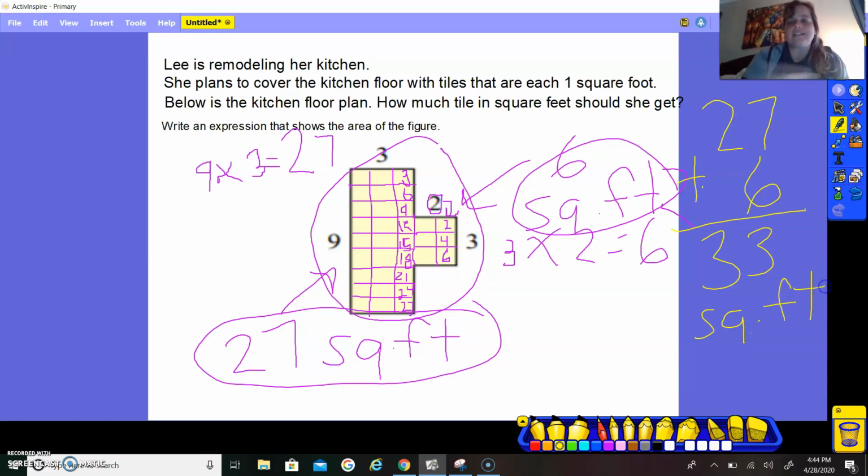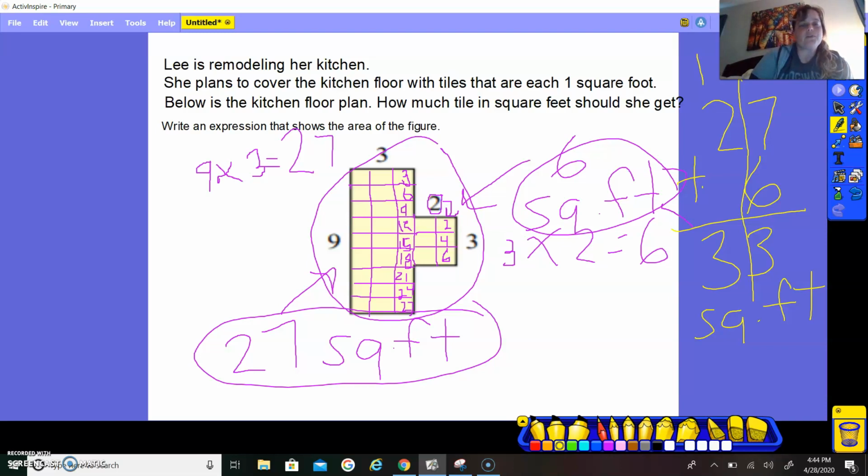So the area of the entire figure is 33 square feet. Now, just to double check my standard algorithm, 7 ones plus 6 ones is 13 ones. I'm going to take 10 of that 13 and put it up here and leave those 3 ones in the ones place. Here's my ones place. And then 1 ten plus 2 tens is 3 tens.